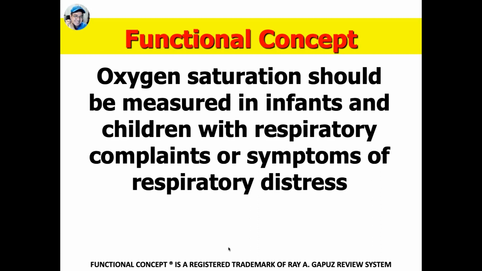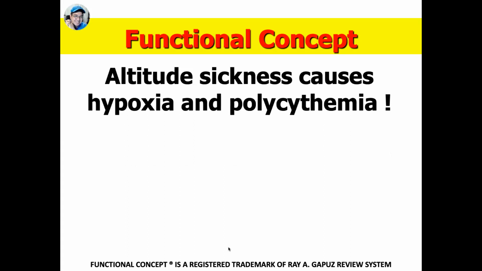Compared with your adult type, your normal pulse ox, there are a lot of risk factors that could cause a false reading for your pediatric client's oxygen saturation, like movement. Now, altitude sickness causes hypoxia and polycythemia. Altitude sickness is when, for example, the altitude changes too rapidly that the body cannot adjust.